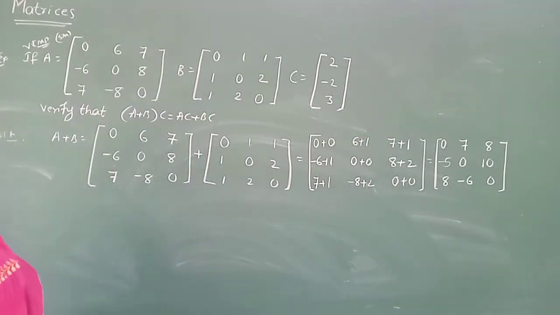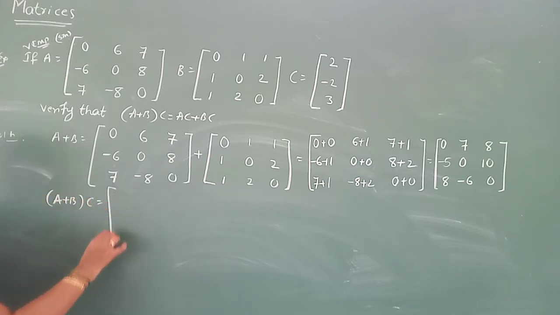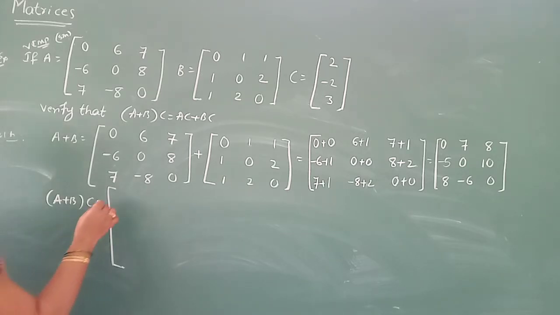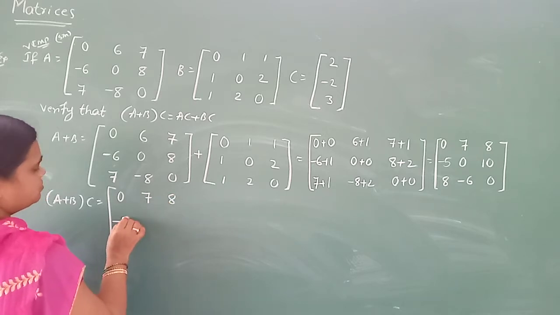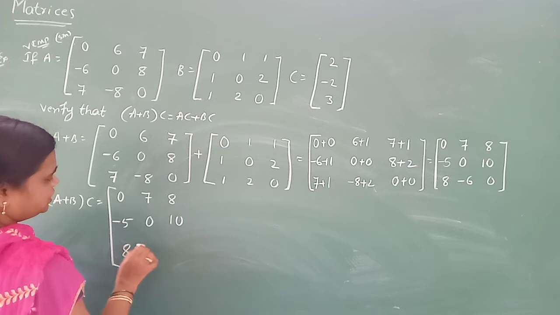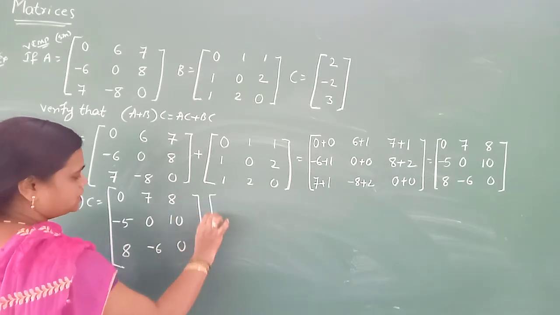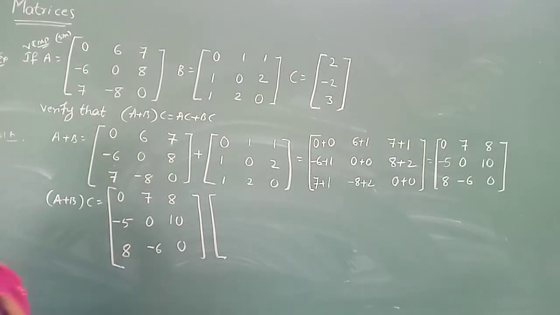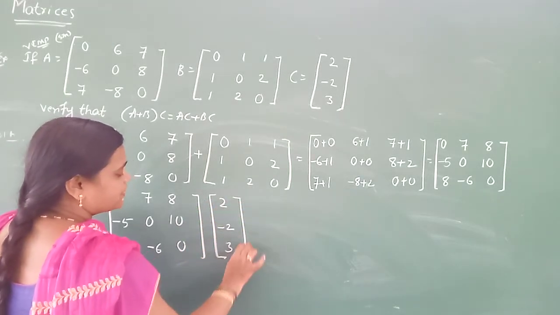Next, (A plus B) C. That is 0, 7, 8, minus 5, 0, 10, 8, minus 6, 0 into C. C is 2, minus 2, 3.